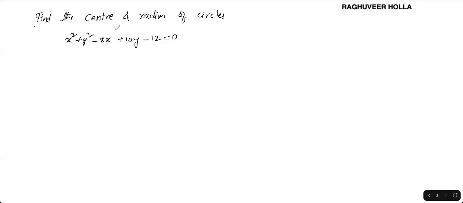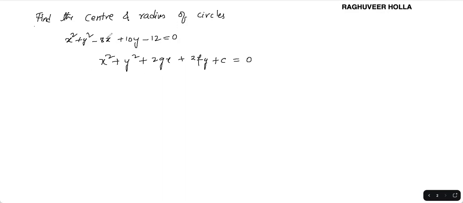Now let us find the center and the radius of the circle x square plus y square minus 8x plus 10y minus 12 equal to 0. Now we can also compare this with the general form, which is x square plus y square plus 2gx plus 2fy plus c is equal to 0.